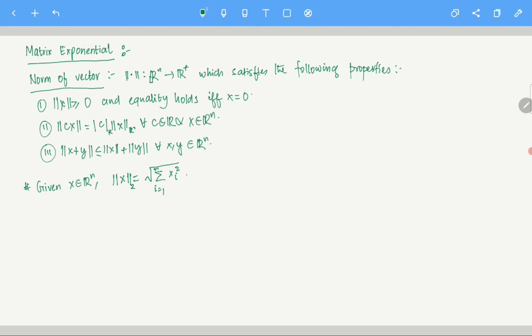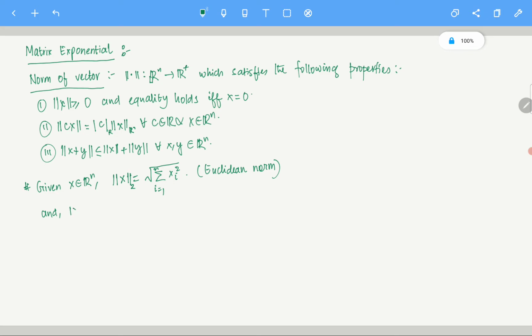These are just the basic notations we are going to use as a recall. So given x, we define the two norm of x like this, and generally this is called the Euclidean norm, after Euclid. Clear?